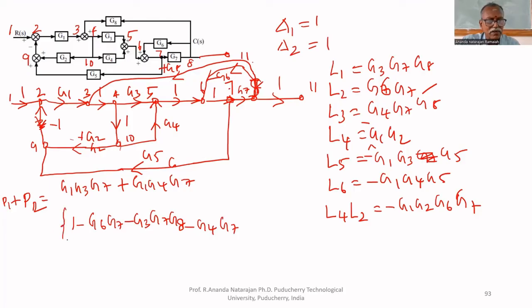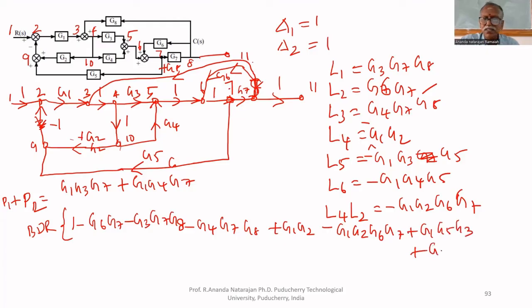This is the block diagram reduction denominator: G4, G7, G8 plus G1, G2 minus G1, G2, G6, G7 plus G1, G5, G3 plus G1, G5, G4 plus G1, G3, G7 plus G4, G1, G7.